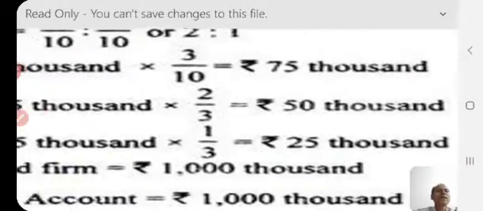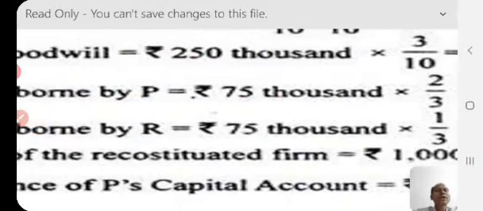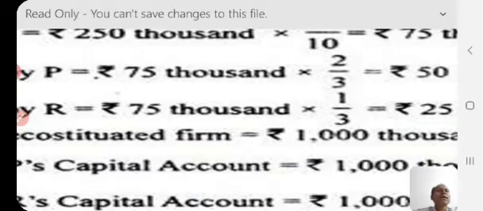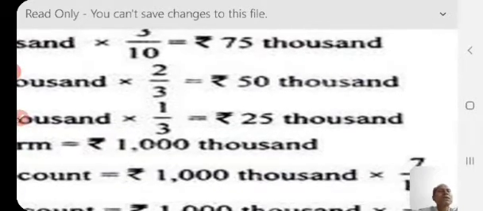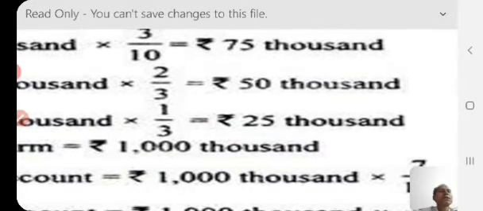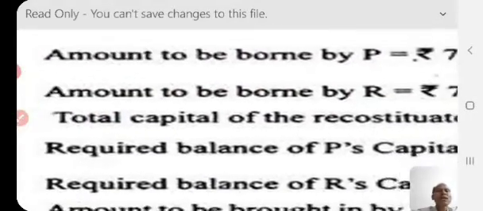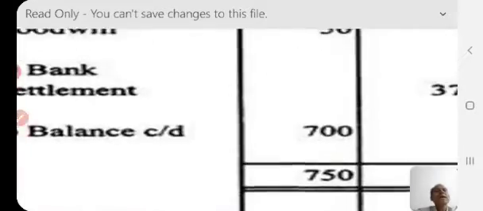So P is 75,000 into 2 by 3, which is 50,000. In the same way, 75,000 into 1 by 3 is 25,000. Now goodwill is over.